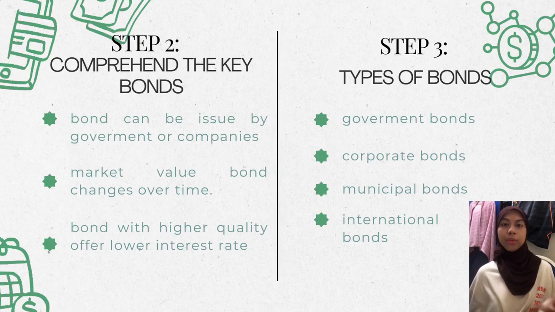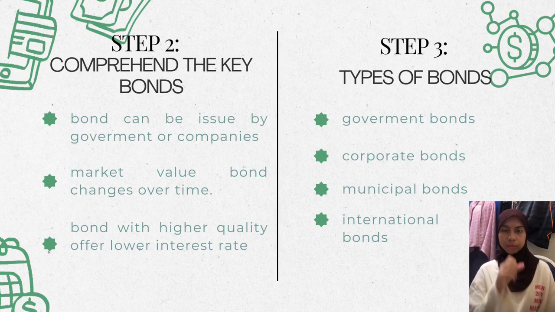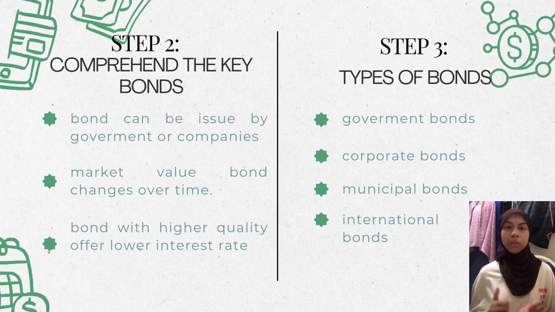So next, to comprehend the key points, bonds can be issued by government or company. Government bonds are issued by the government to finance public projects and pay off the national debt. Corporate bonds are issued by private companies to obtain funds for investment purposes. To be more precise, investors lend to the issuer, which is the government or company, and the issuer pays back with interest.